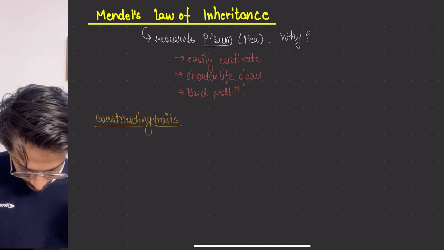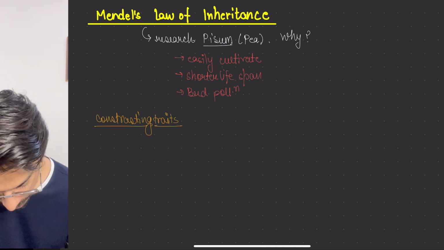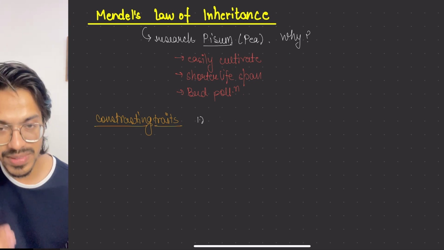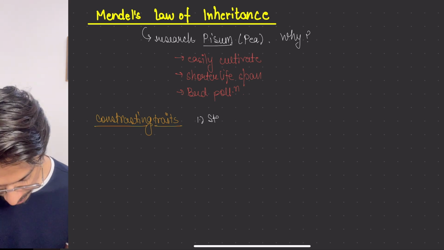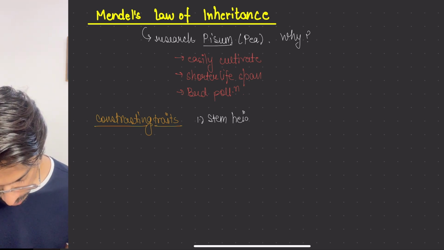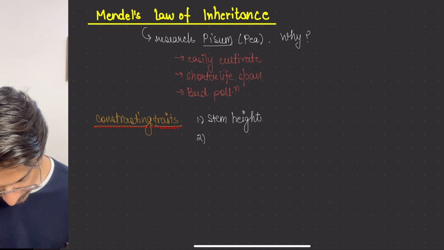He might not have been able to get the results he published at that time. Coming to the contrasting characters, number 1, since childhood, like 10th class, we are studying, is stem height. After stem height we have flower color.